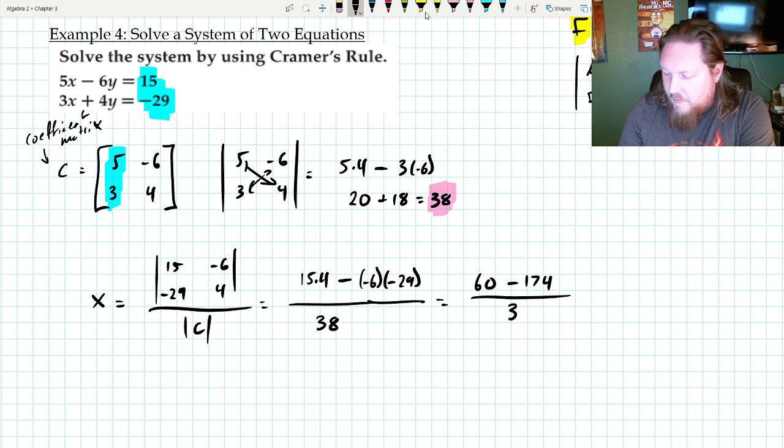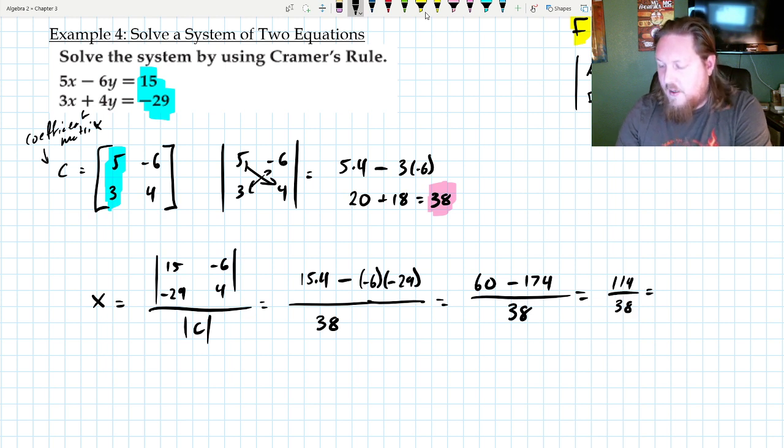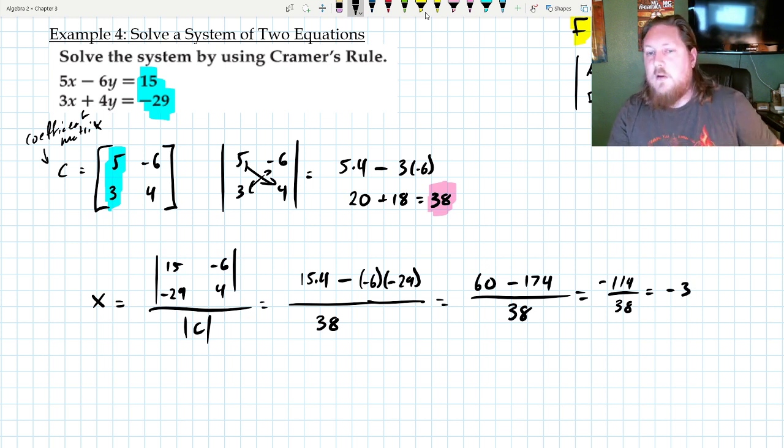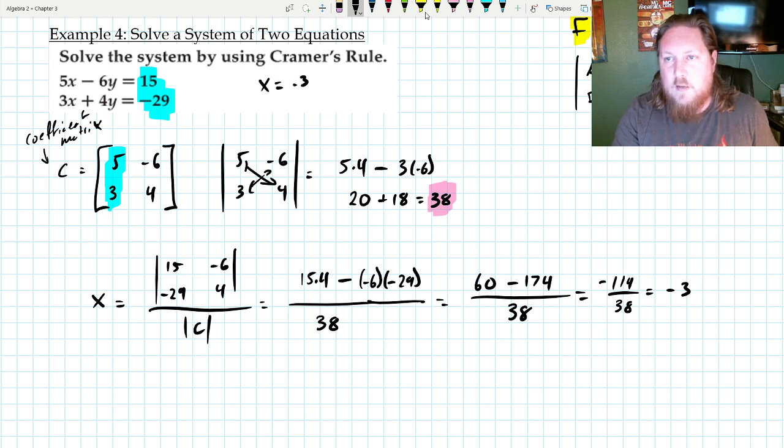And we divide that by 38. 60 minus 174 is -114, divided by 38. I think my answer is going to be 3, but let me double check. Oh, sorry, -114 divided by 38 is -3. So I know from this system x equals -3.